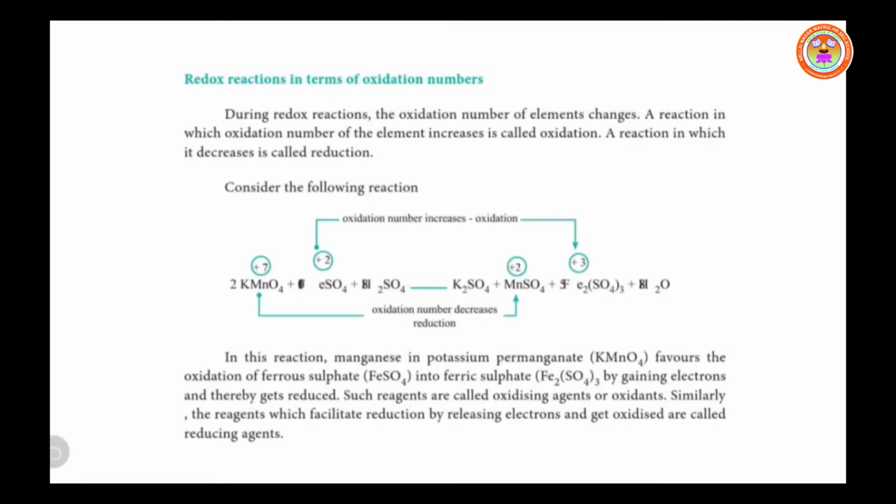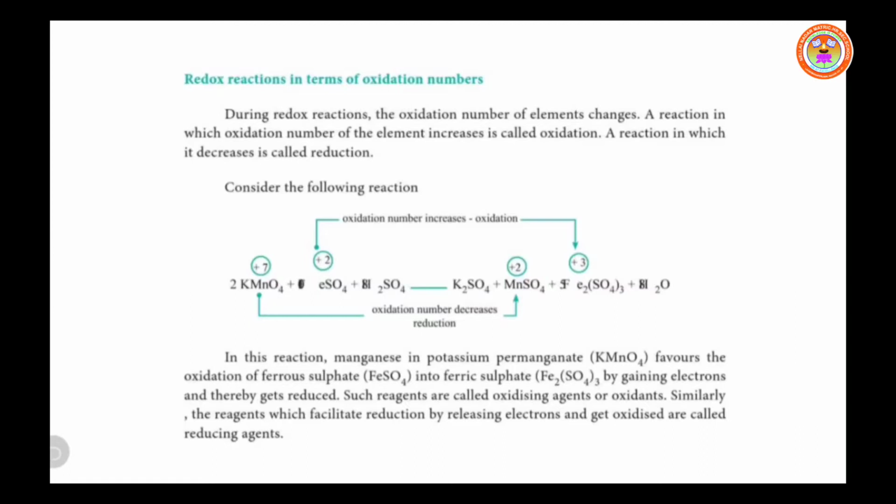Now we can see one example. Let us consider the reaction of ferrous sulfate, that is FeSO4, with acidified KMnO4. We know acidified KMnO4 is a strong oxidizing agent. So when acidified KMnO4 is added to ferrous sulfate, it will oxidize ferrous sulfate to ferric sulfate.